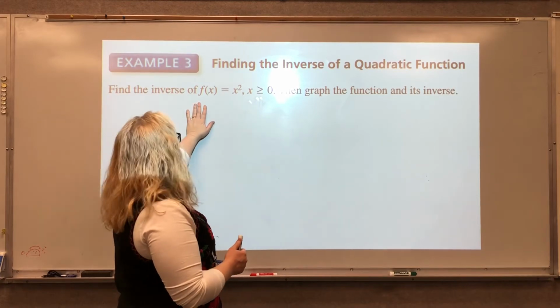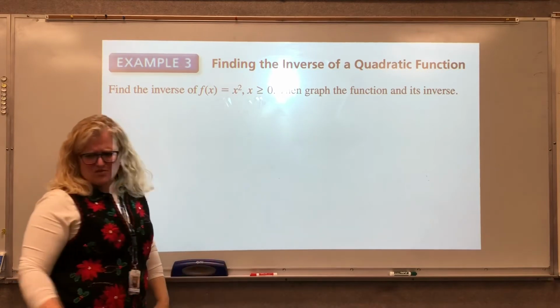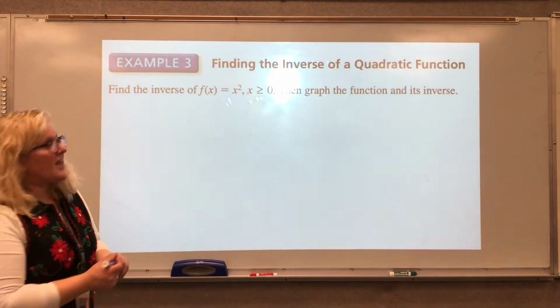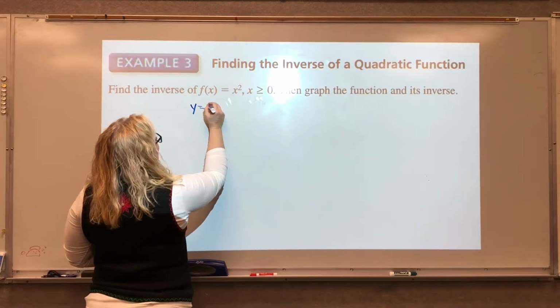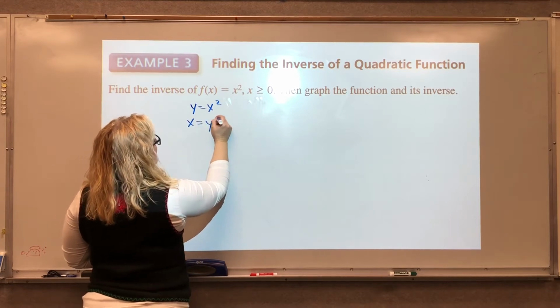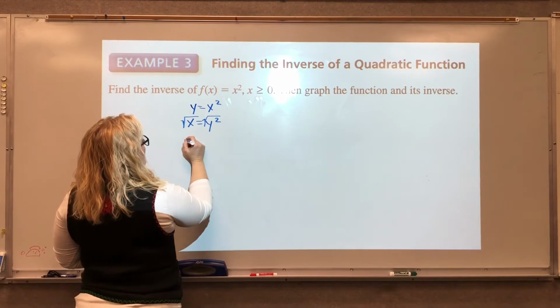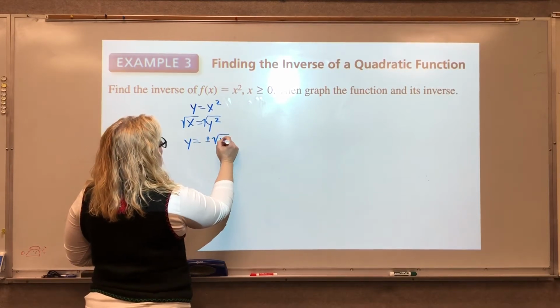So first of all, we can find the inverse. We have y equals x squared, and we want to reverse these. So we have x equals y squared. And if we take the square root of both, we get y equals plus or minus the square root of x.